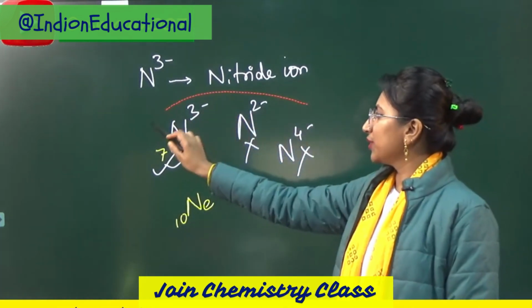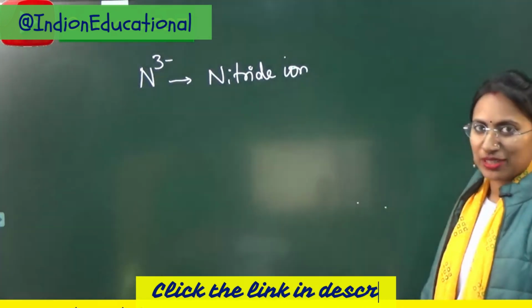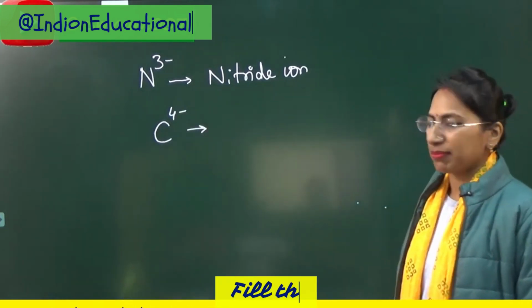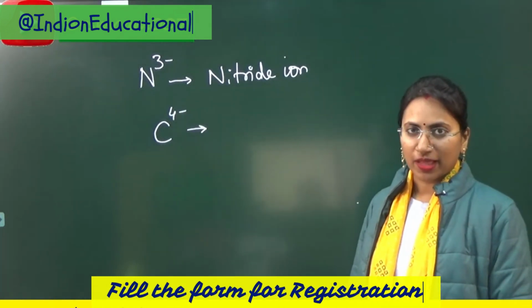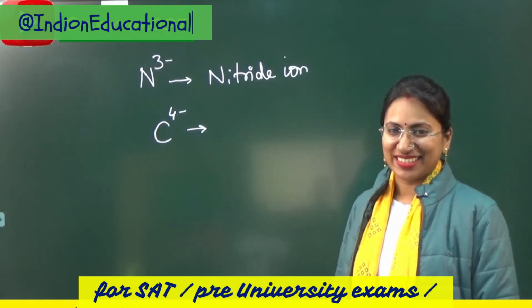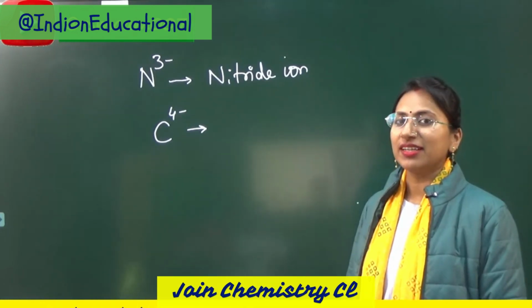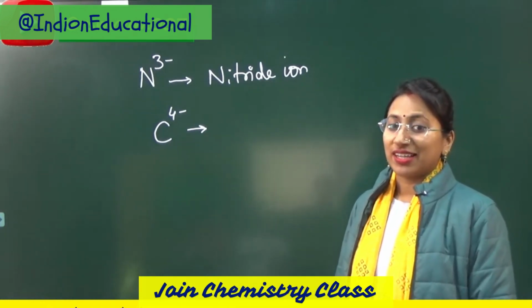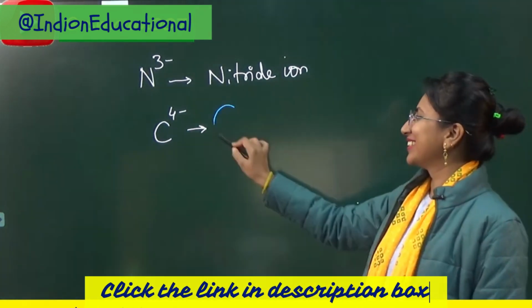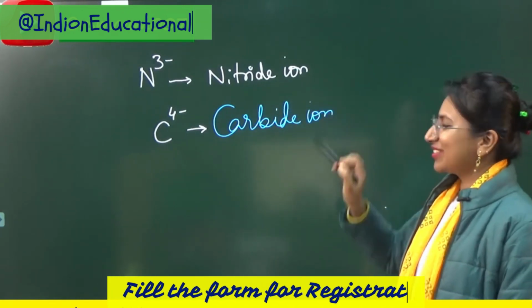Now I am going to write some more ions here and you have to relate them. Like C4 minus, what will be its name? Not chloride, it is not Cl minus. Just C, carbon. Carbide. Carbide ion, great effort.